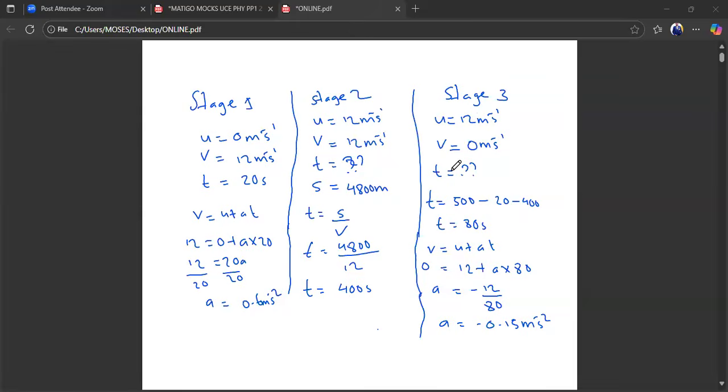But because they told us that the total time taken in the journey was 500 seconds, you can say 500 minus the time for the first stage minus the time for the second stage, the time that will be left will be the time for the last stage, and we have come up with our time as 80 seconds. Using the first equation of motion, we are coming up with our a as minus 0.15 meters per second squared. That is the analysis of the three stages.